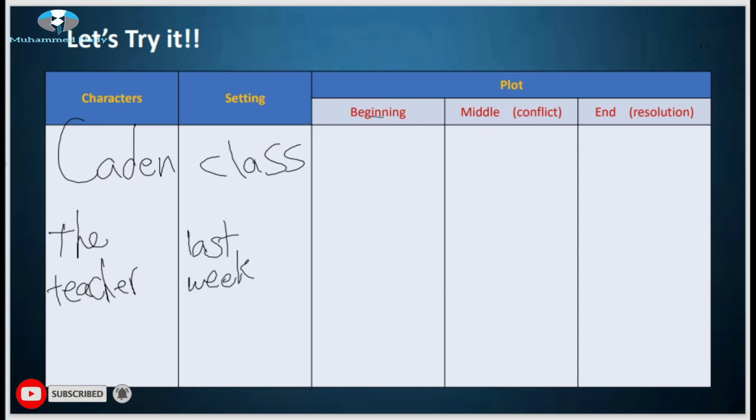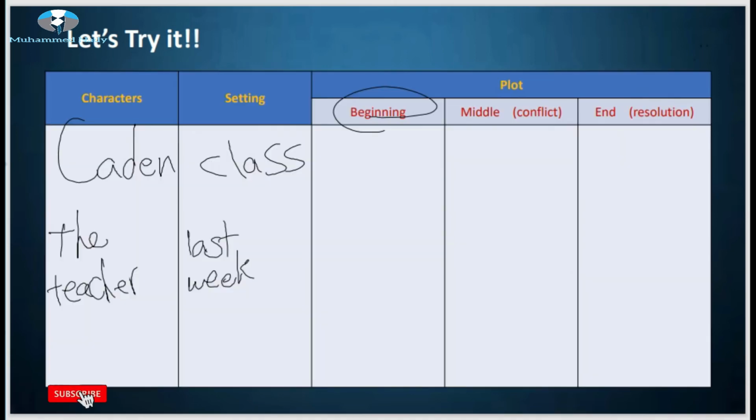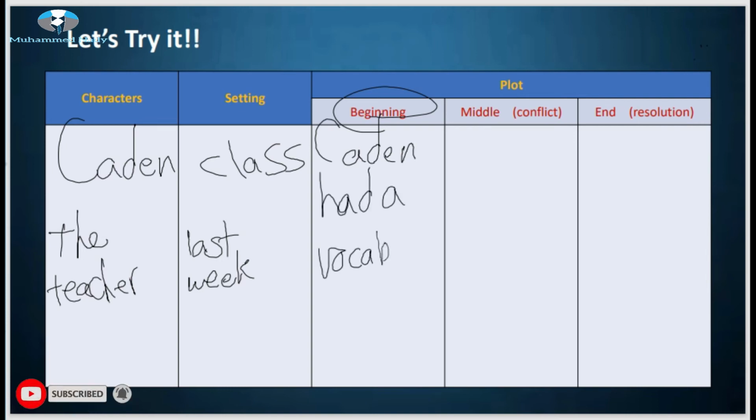Now, the beginning. How did the story start? If you get back to the story here, you will find that it starts when he had a vocabulary test. That's the most important part. Okay, so we need to write here, Caden had a vocabulary test.